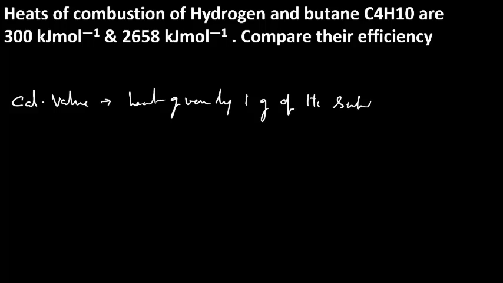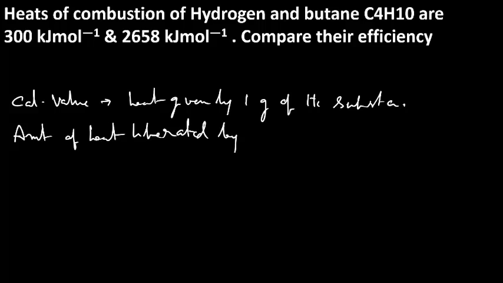Whereas what is the information given? Heat of combustion. Heat of combustion means the amount of heat liberated by 1 mole of the substance. Therefore, the amount of heat liberated by 1 mole of hydrogen is 300 kilojoule per mole.